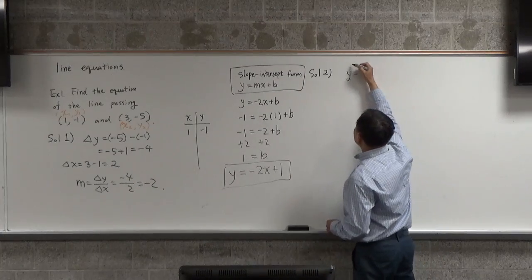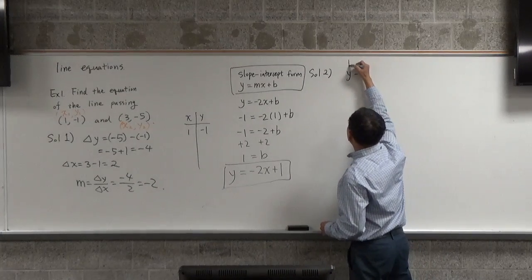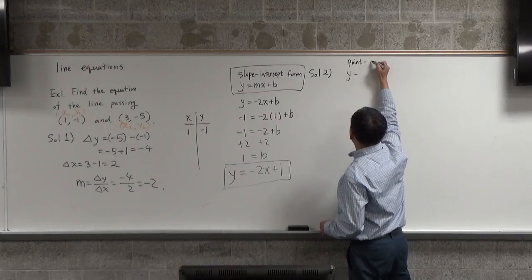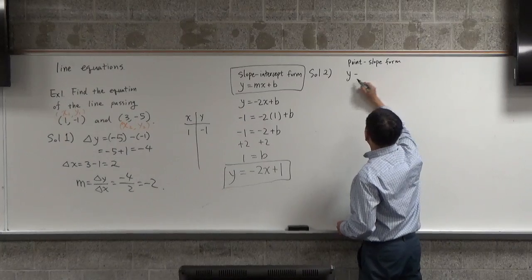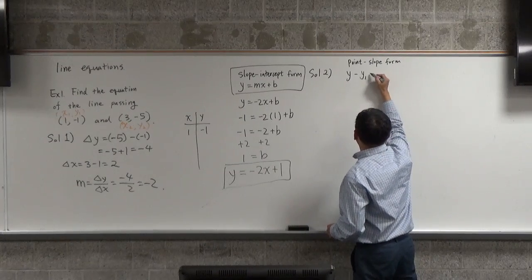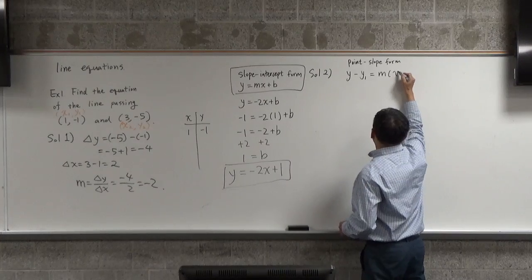And then this one, I'm writing down as the point-slope form. And the formula is y minus y1 equals m times x minus x1.